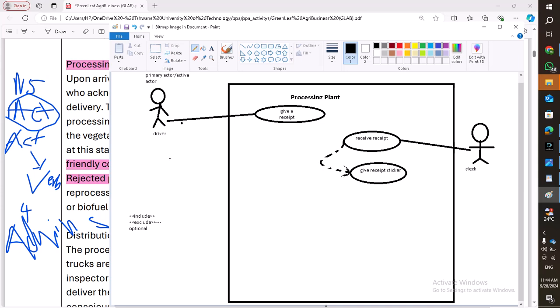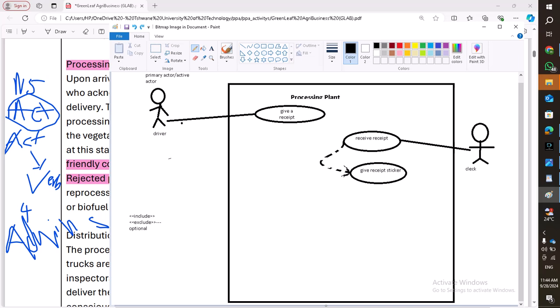But if it's excluded, it's optional. It will move like this. If it's included, it will be like this.